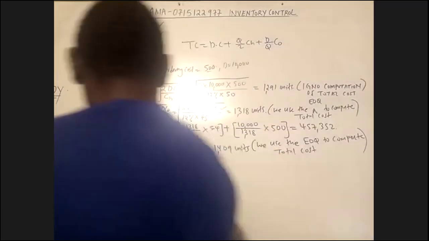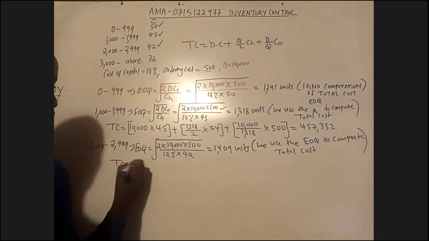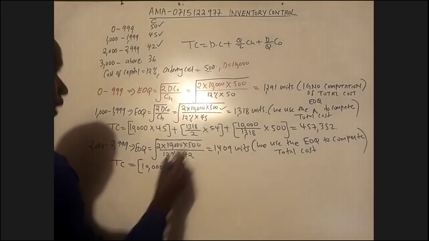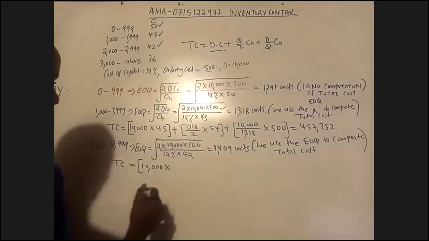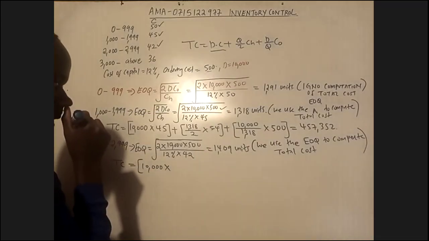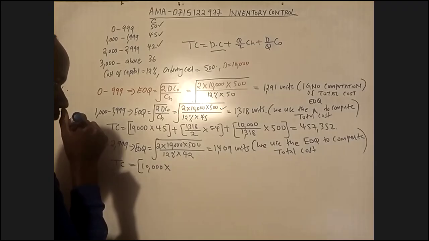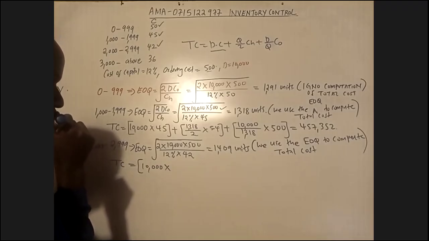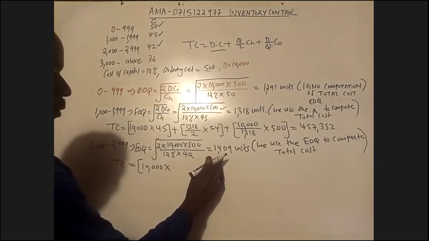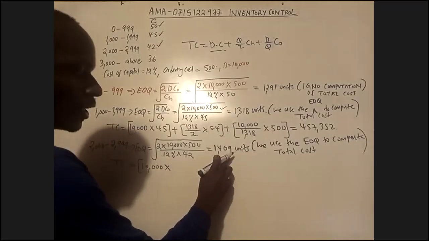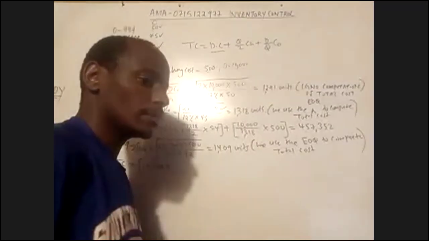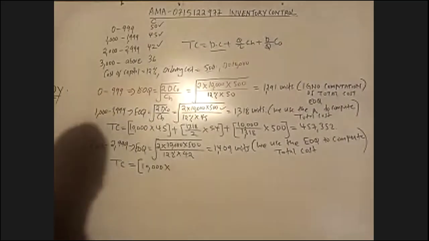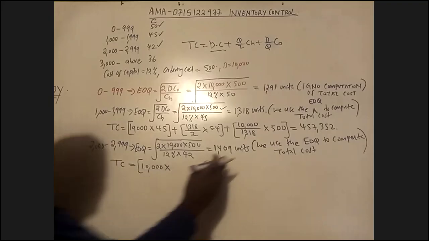Let us see the total cost. Our total cost will be how much? Our demand D times Q. Those units, is it 1,000? We got 1,409.